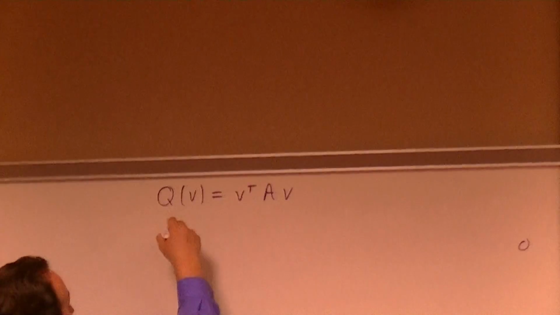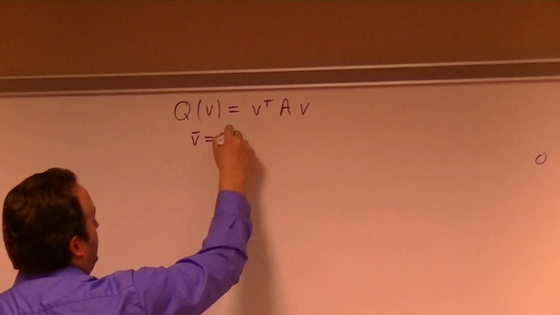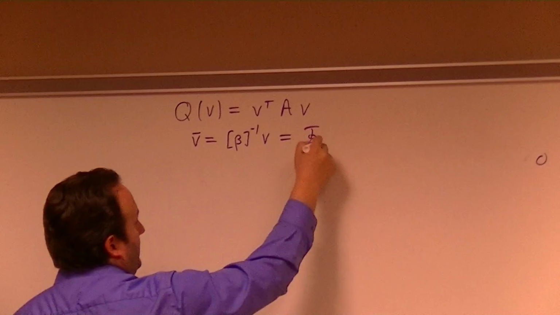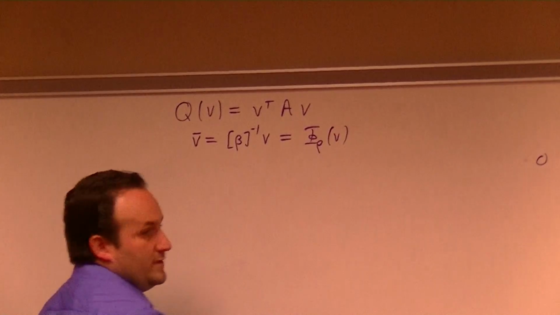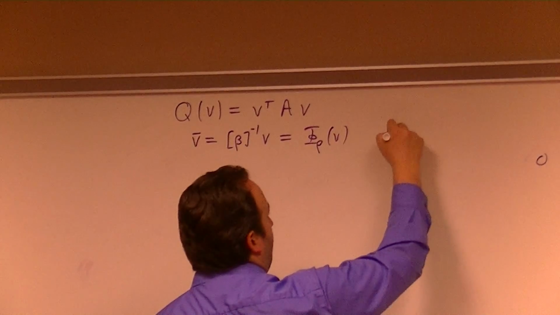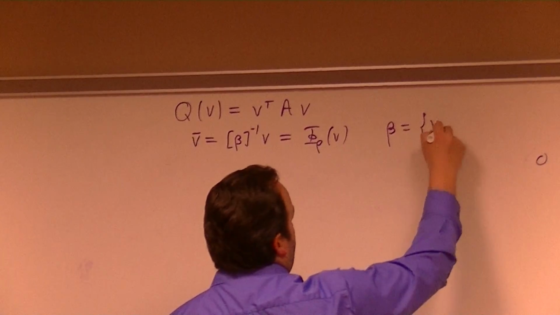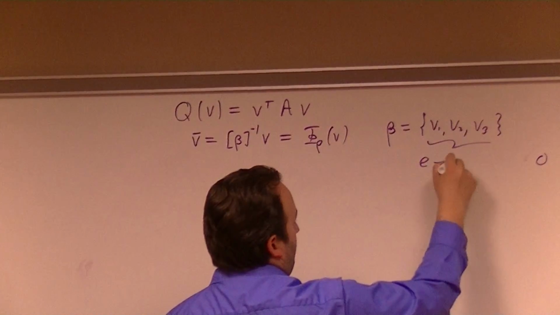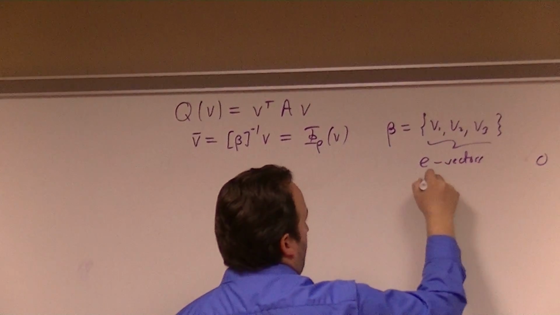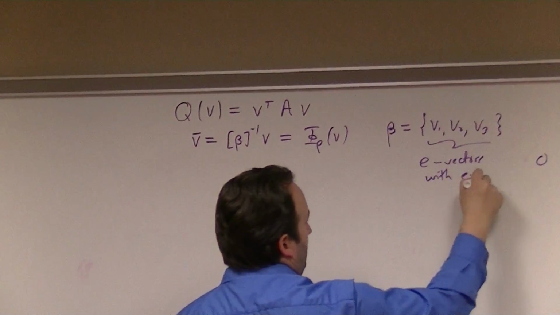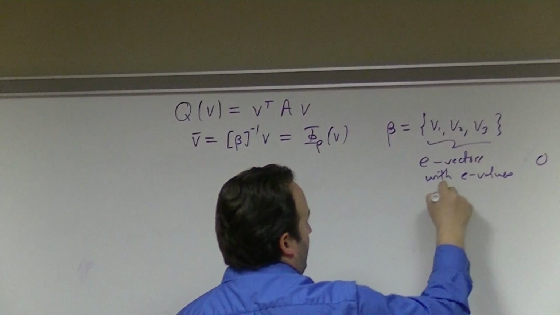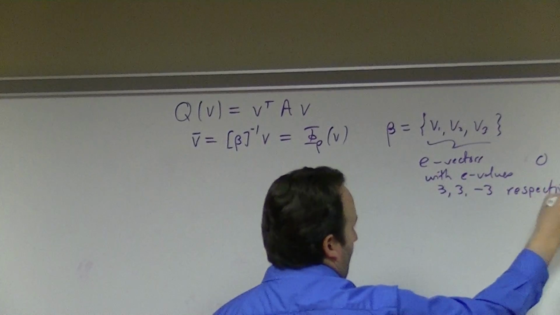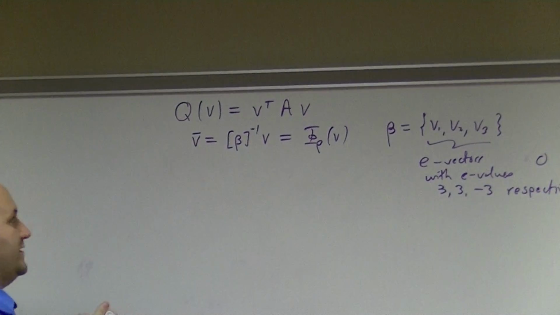I basically want to let my V bar equal beta inverse times V. This is my coordinate change. And here I'm going to let beta be, let's say, V1, V2, V3, eigenvectors, with eigenvalues for us 3, 3, and minus 3 respectively, okay? But I could do this in general.